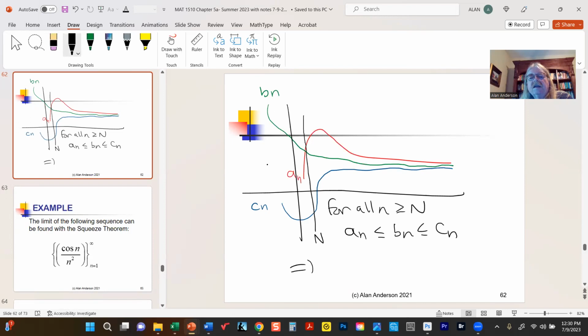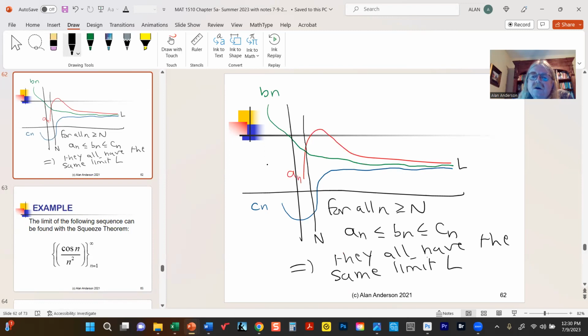Then the squeeze, then they all, and here's L, have the same limit, L, even though the sequence Bn isn't always in between. Once we get past a certain point, it always stays in between the other two. So that's good enough. It still means that they all are converging to the same limit. All right.